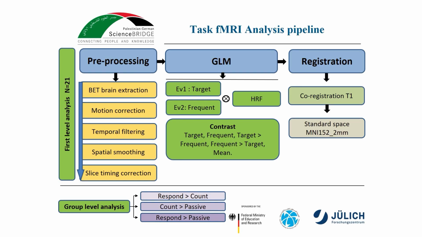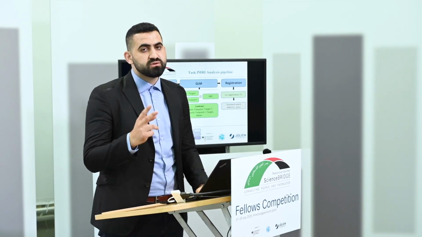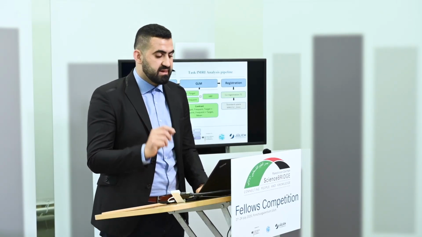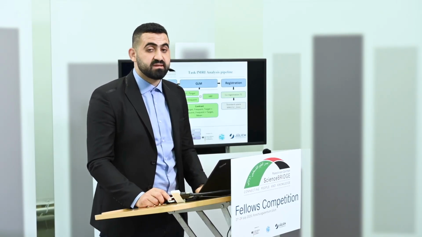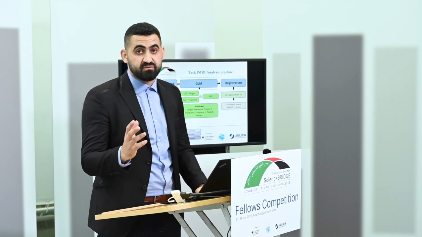So we start with the pre-processing, including brain extraction, motion correction, temporal filtering, spatial smoothing, and slice time correction. Then the general linear model: 2 different types of events were created, the target and frequent, then convolved with the hemodynamic response function, then 5 different contrasts were created.